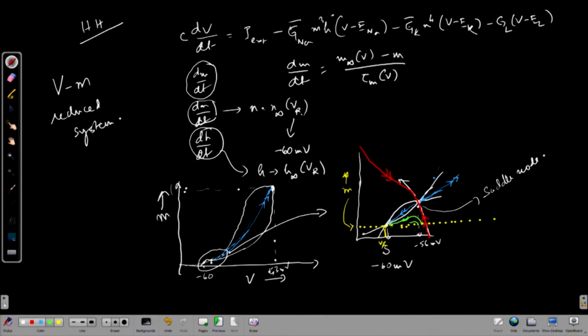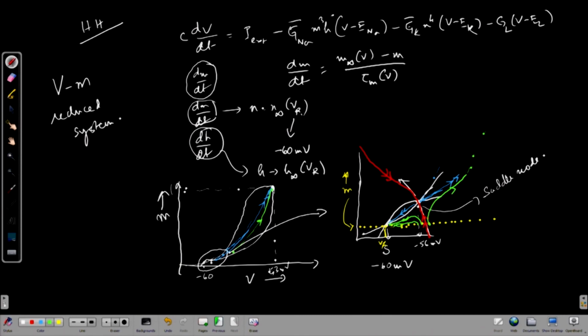In the other case the behavior is like this, where it ends up on this particular stable node as shown here. So this is extending onto the other node which is at the top.